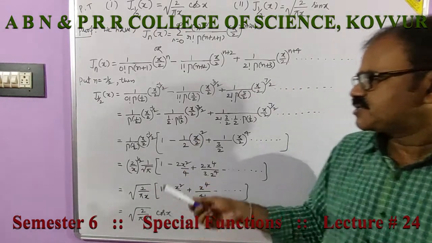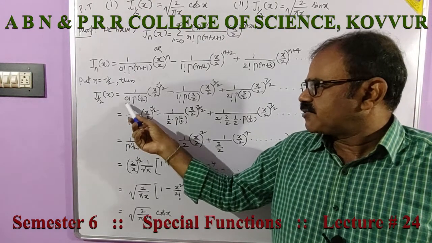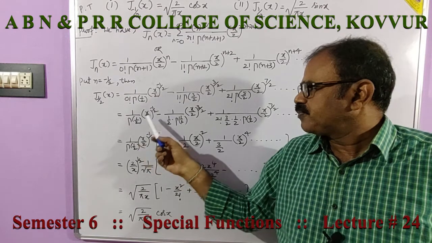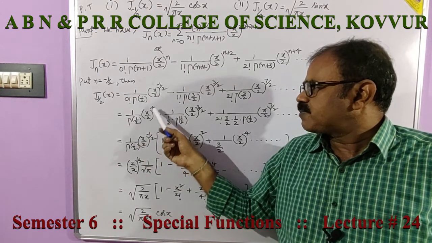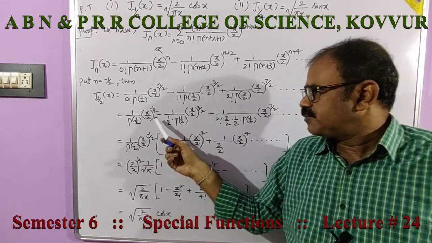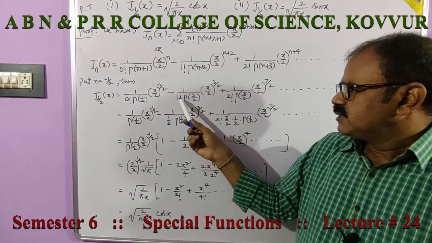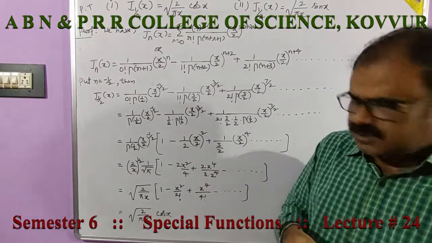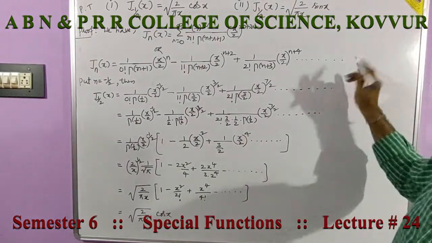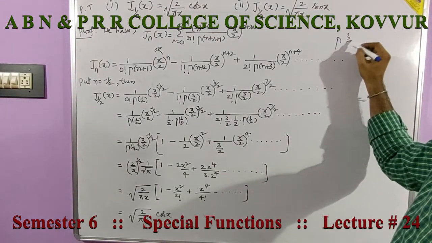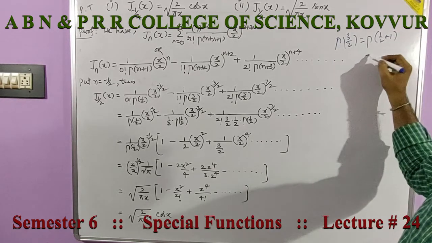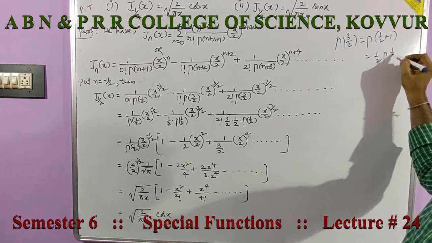So let us arrange this. 1 by 0 factorial is 1 by gamma 1 by 2 and x to the power of minus 1 by 2, minus 1 by 1 factorial is 1, gamma 3 by 2 is nothing but gamma 1 by 2 plus 1, which is 1 by 2 gamma 1 by 2.